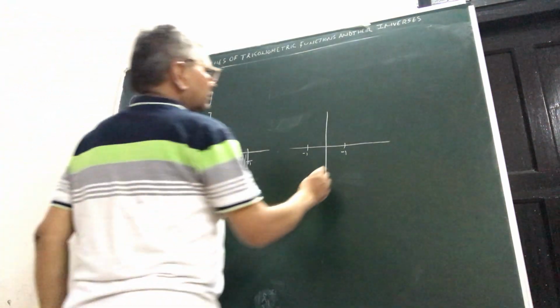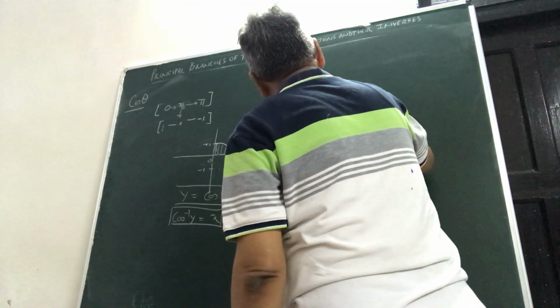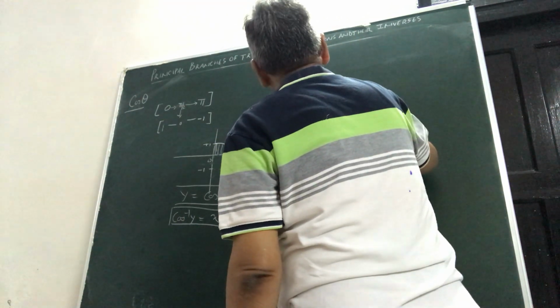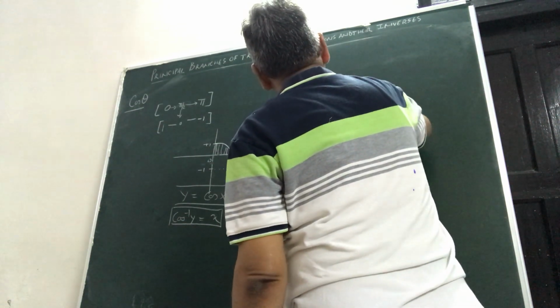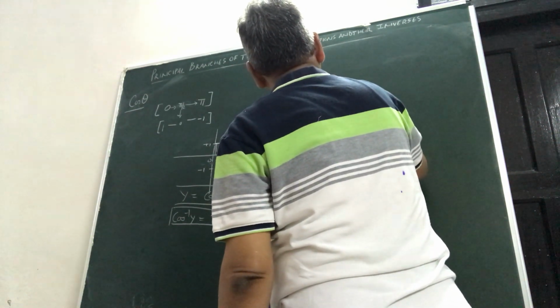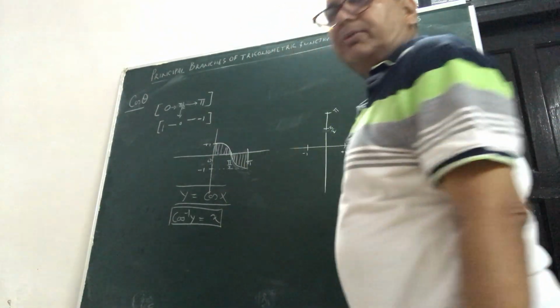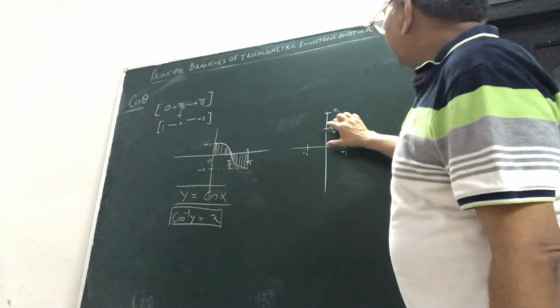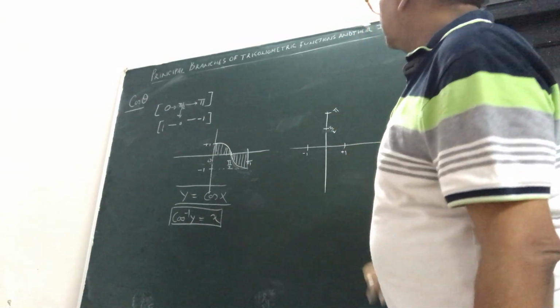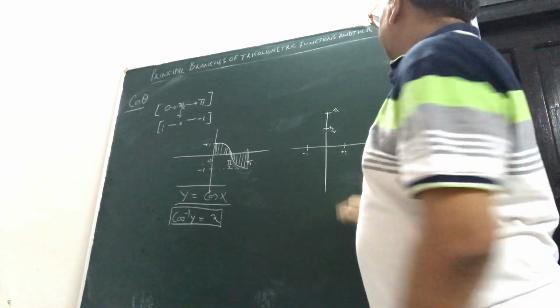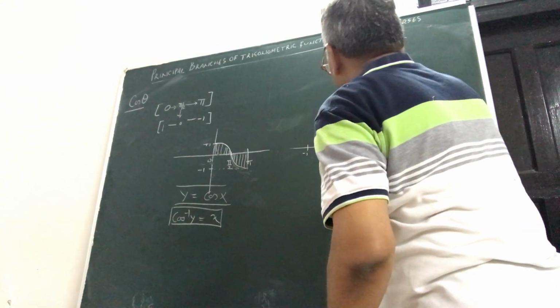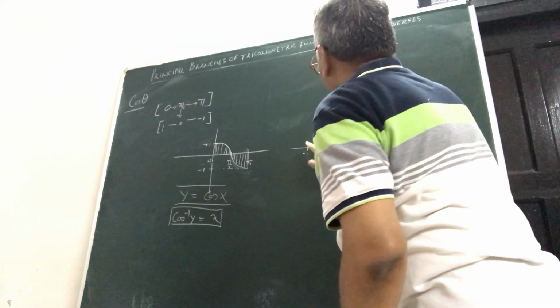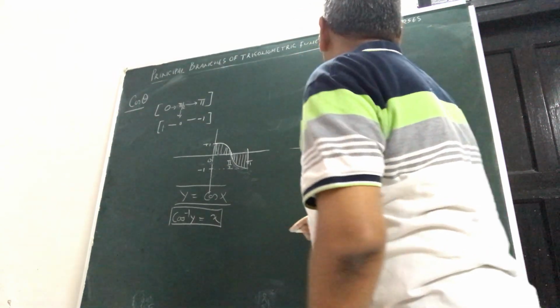At plus 1 the value is 0. Here is the mark corresponding to pi by 2, and this is the mark corresponding to pi. It will be at a greater distance in comparison. If this is 1, then this is somewhat larger. Take it this big.